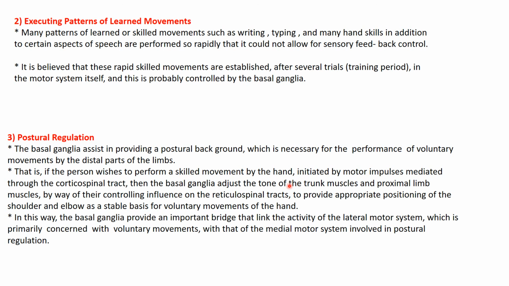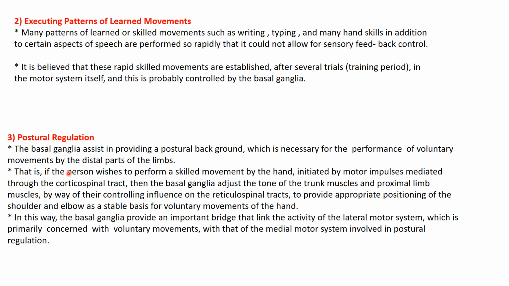So usually the basal ganglia provide the appropriate positioning of the shoulder and elbow to be stable, or to provide a postural background for the production of voluntary movement by the distal muscles of the hands. The basal ganglia provide an important bridge that links the activity of the lateral motor system that produces the skilled movement and the medial motor system that is involved in the postural regulation.